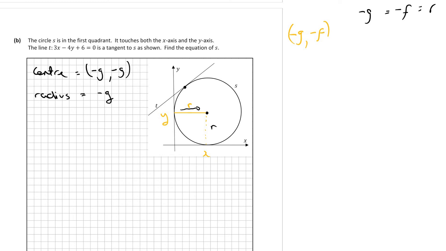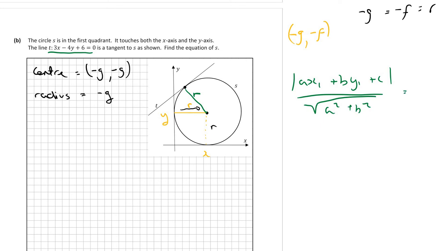What we can do then is, as we know that's a tangent, we're going to have to use this line. We've got the equation of it here. That's a radius. We can plug in the perpendicular distance from a point to a line, which is the modulus of ax1 plus by1 plus c all over root a squared plus b squared, and that distance should be equal to the radius.